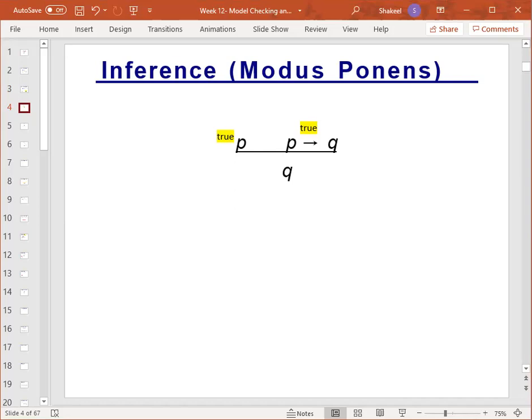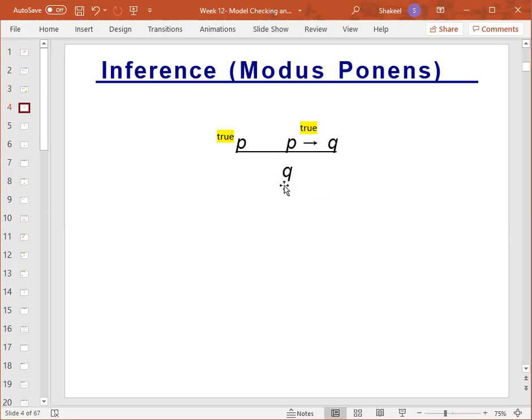Our first inference rule is called modus ponens, which shows how to infer, or how to derive logically, new sentences from existing ones. So for example, if we have P is true, when we write P by itself, which means that P is true, and if P implies Q is true, then we can infer or make a logical deduction that Q is true.